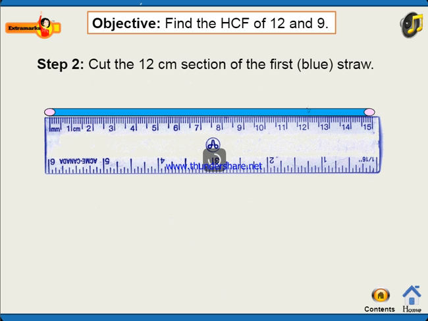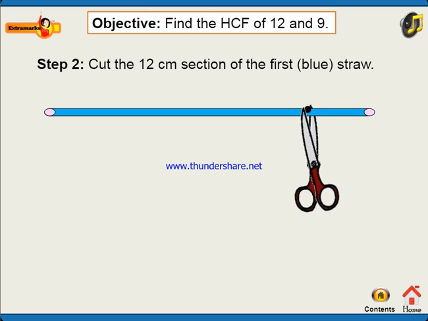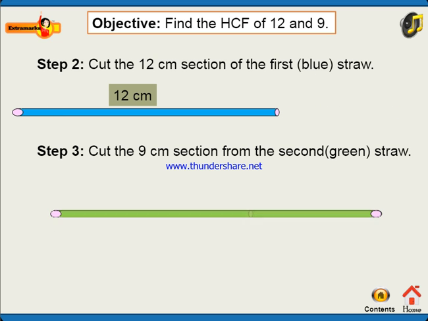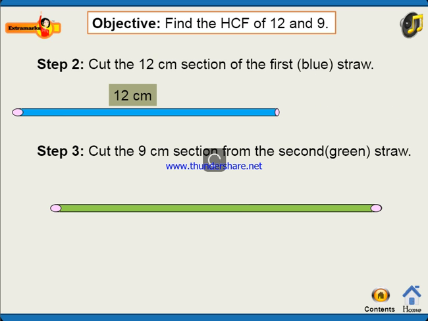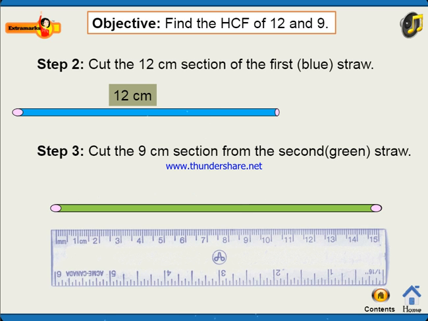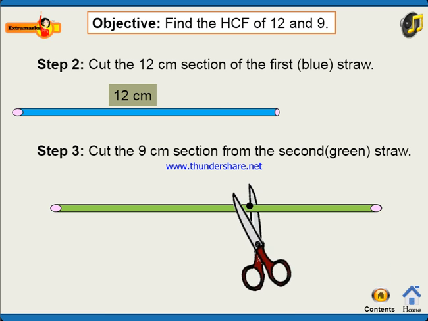Now, we cut a 12 centimeter section from the blue straw and a 9 centimeter section from the green straw.